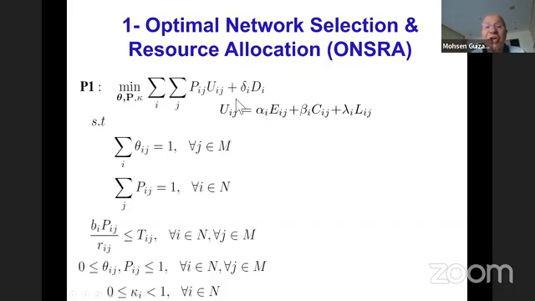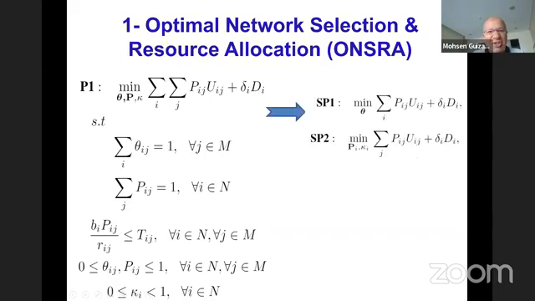In addition, we have the distortion. So this function is dependent on four parameters: one is the energy, two is the cost, three is the latency, and four is the distortion. So it's very complex in terms of solving the problem.